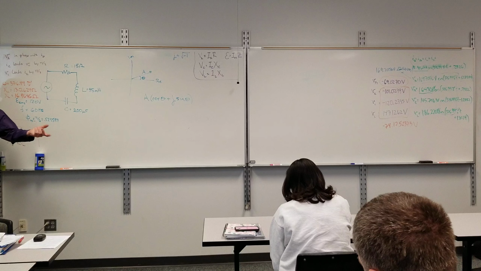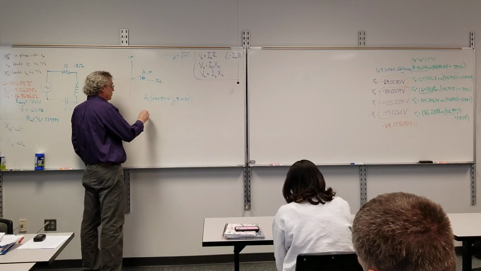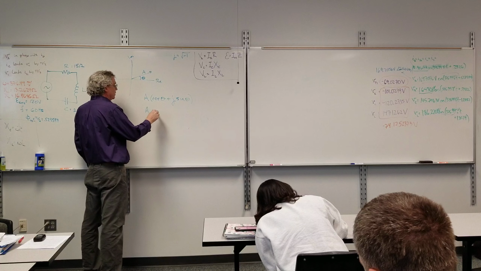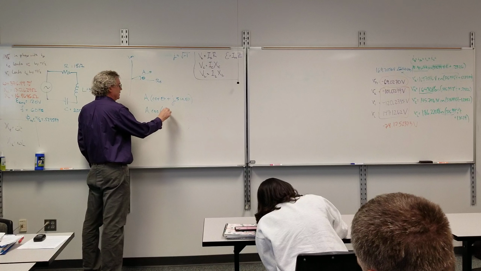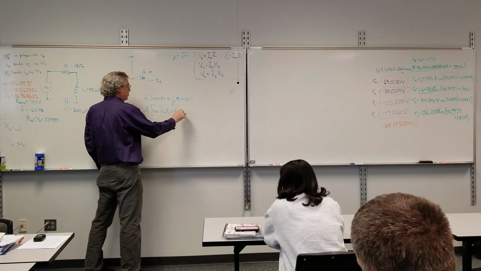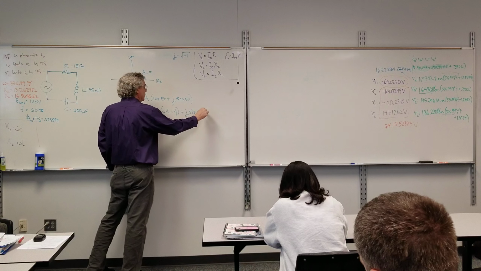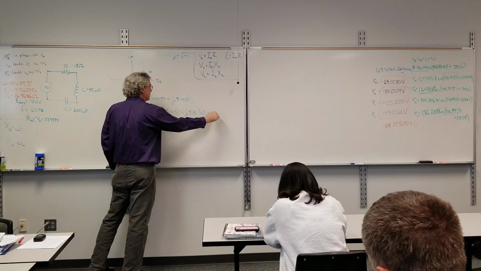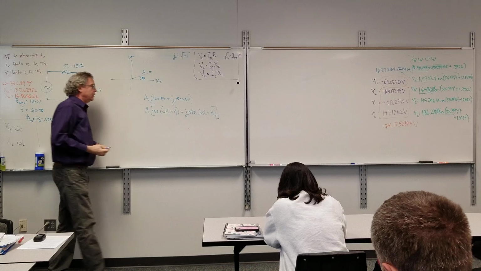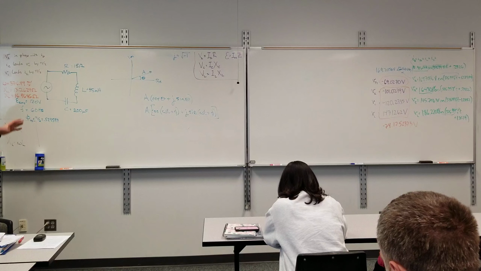Now, the angle at any particular time is composed of two parts, just like we had over there. So this would be A times the cosine of omega t plus phi, plus j times the sine of omega t plus phi. So we're going to expand it and see where that takes us.